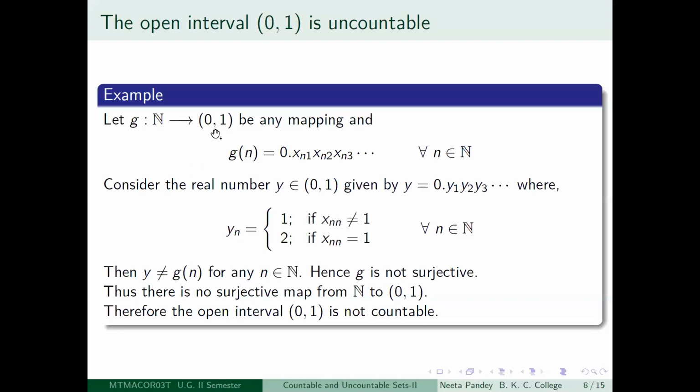That means there is at least one element in the open interval (0, 1) whose pre-image is empty. So whatever mapping you take from the set of positive integers to (0, 1), it cannot be surjective. So you don't get a surjective mapping from the set of positive integers to (0, 1), which implies that the open interval (0, 1) cannot be countably infinite, which means that it is uncountable.